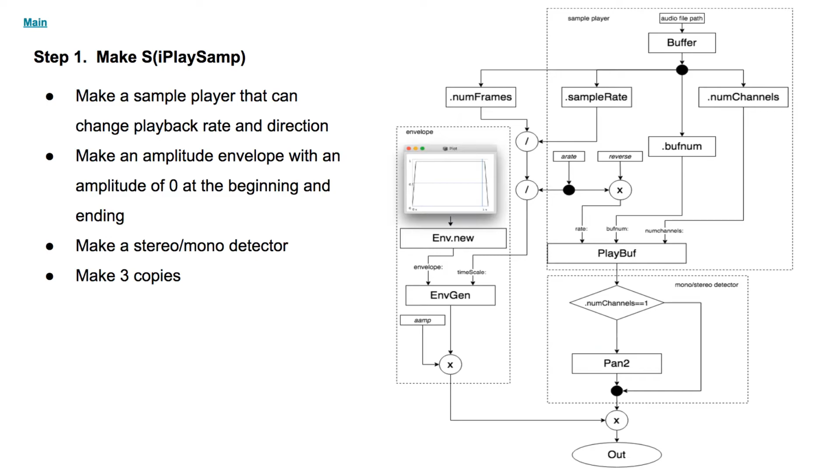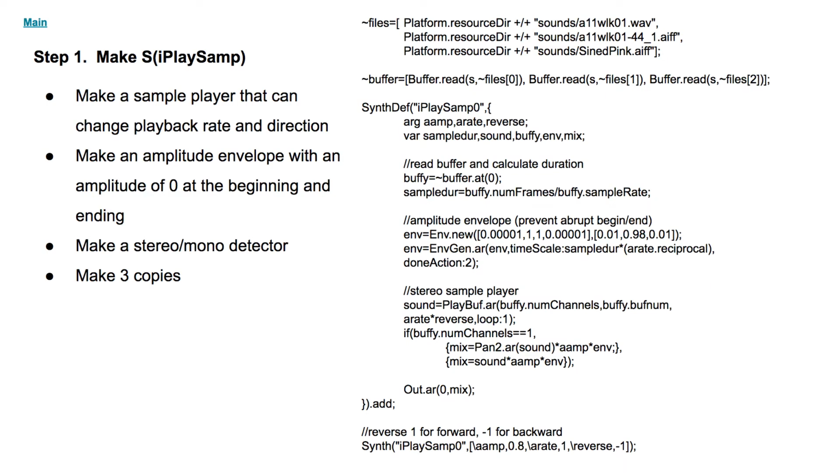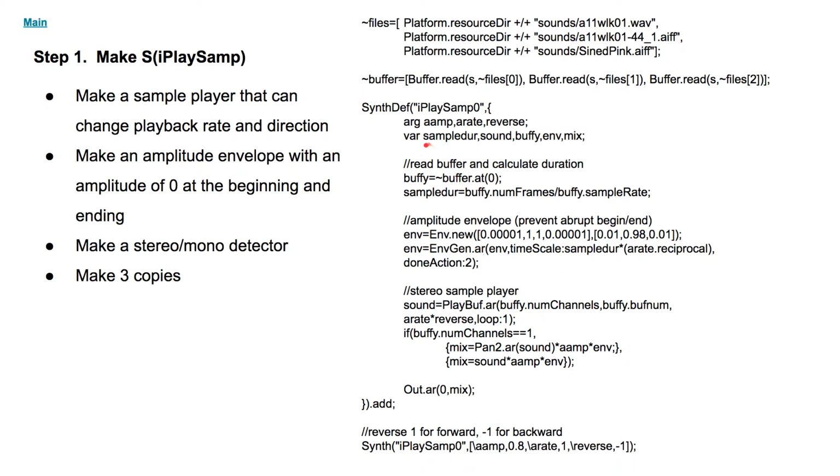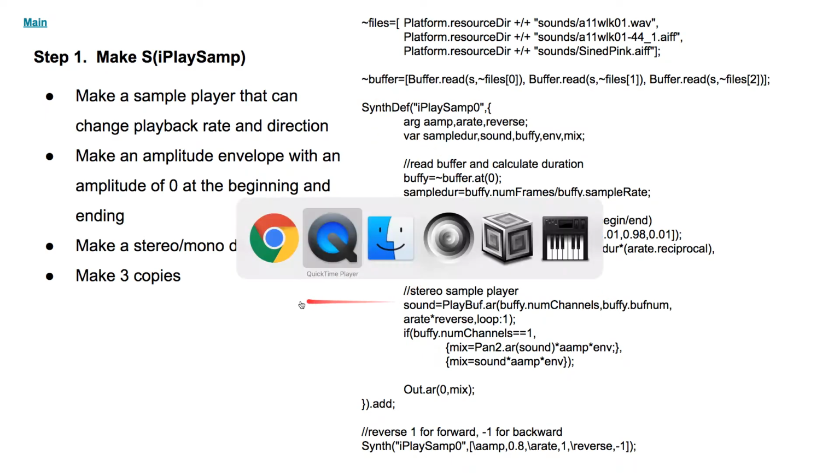What's challenging is calculating the timing of the playback. So let's think about how we can calculate the timing of the first sound and its opposite, reverse sound. But before we do that, I think we should go over the SuperCollider code a little bit.